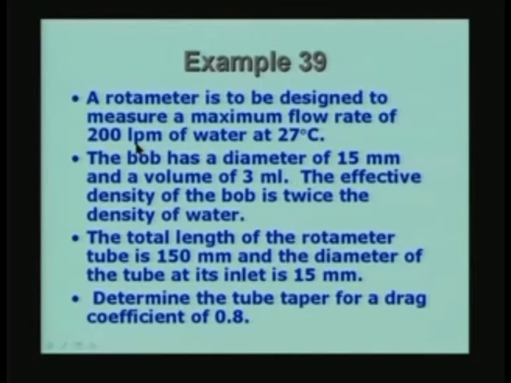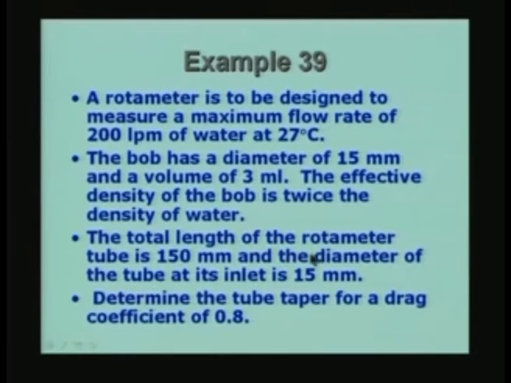The bulb has a diameter of 15 millimeters and a volume of 3 milliliters, 3 cubic centimeters. The effective density of the bulb is twice the density of water. This is what I said just now. If we take the density equal to twice the density of the fluid, then you do not have to worry, the density will not come into the picture.